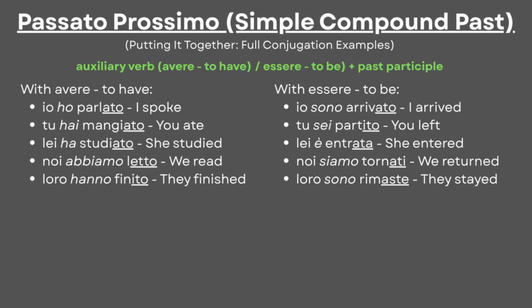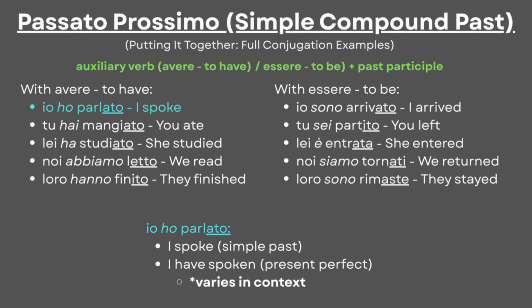When it comes to translating them, a sentence like ho parlato can mean both I spoke, simple past, and I have spoken, present perfect. In English, the phrases separate depending on context, but Italian has one tense for both concepts, signifying a completed action in the past, whether it was just now or back in time.